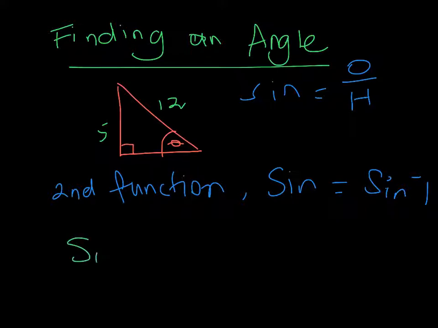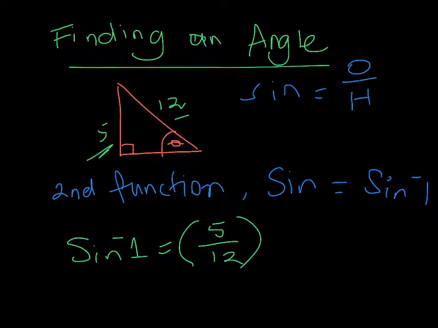It is second function sine, equals, big brackets, 5, because it's opposite, this one here, over hypotenuse, which is here. And then go equals. Once you punch that in, rounding it off to the nearest degree, you should get close to 25 degrees.